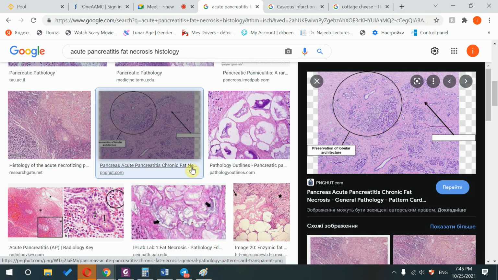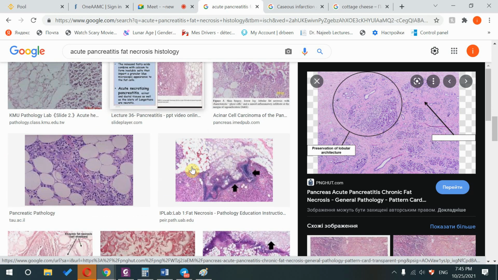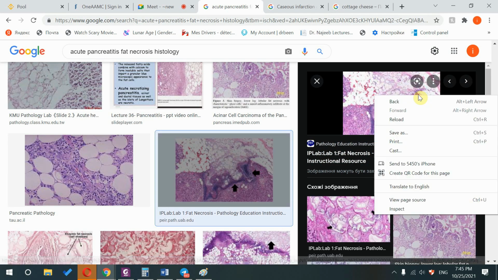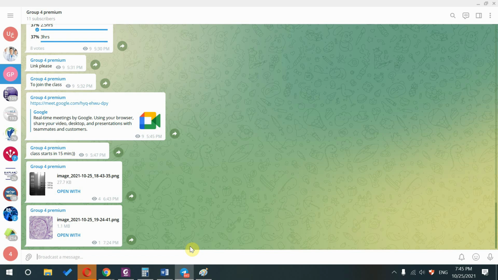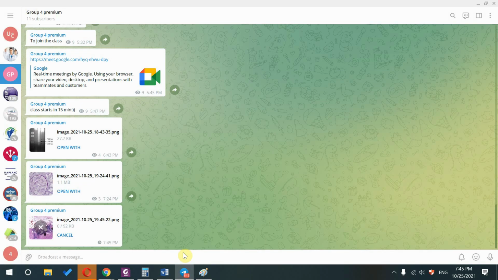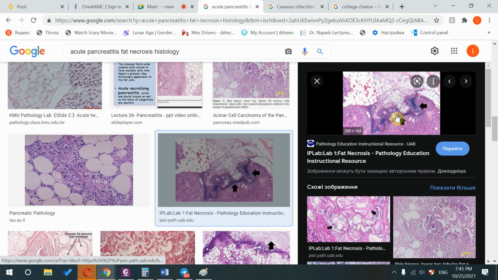That bluish is calcium accumulating inside of it, and that's an even better one. This is the best one I saw so far. Let me send it to the group. Okay, you can take a look at the picture here. You can see there is fat here, fat cells, and here you can see basophilic material. What's that? Calcium.